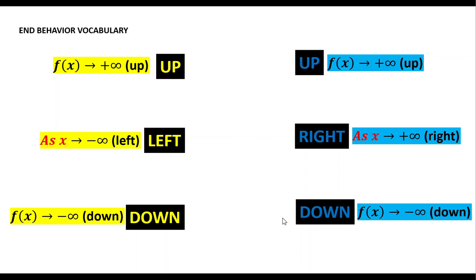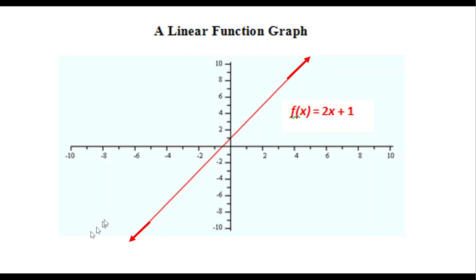All right, let me recap. To describe end behavior, you have to describe two things: in which direction your x values are growing, and what the function is doing. Let's look at a graph. This is a line, f of x equals 2x plus 1.